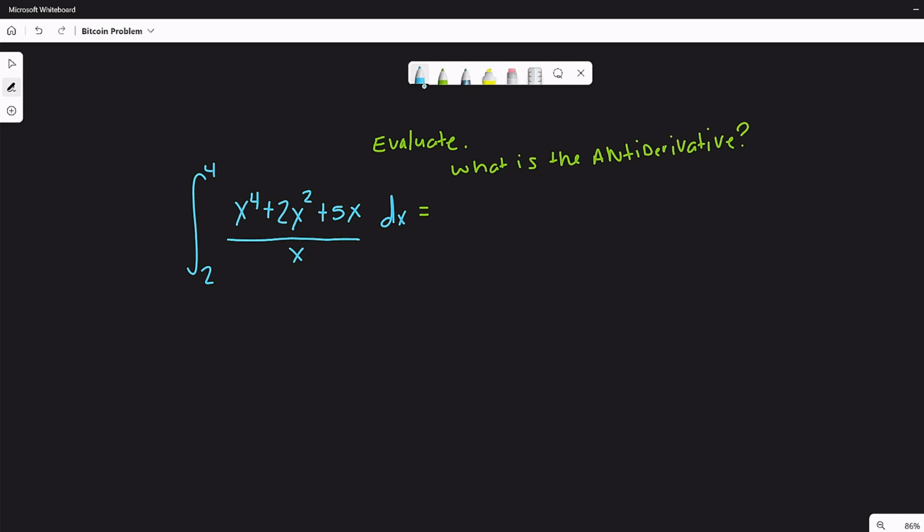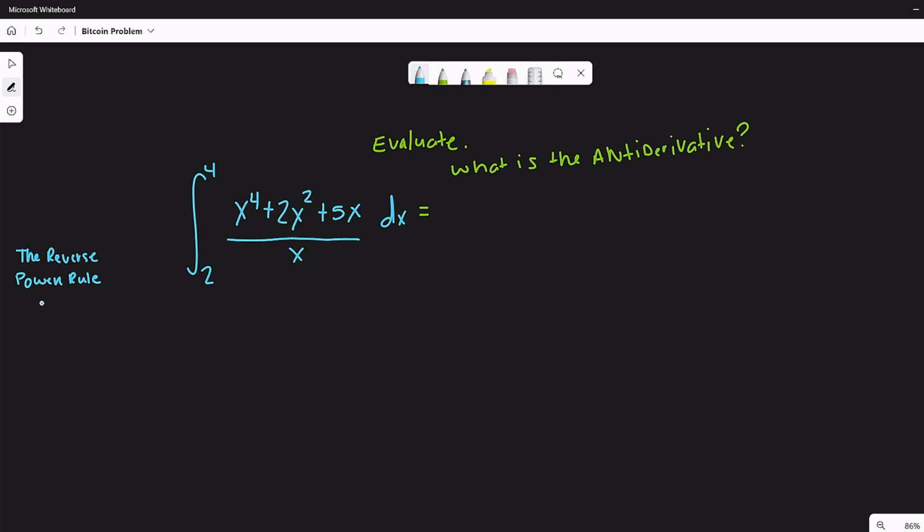To do this, just by looking at this equation, I think we can rewrite it or simplify it so that we can more easily perform the reverse power rule. So we're going to be using the reverse power rule in this. And I haven't covered that, so that is something you will have to look up, or I can just tell you actually.